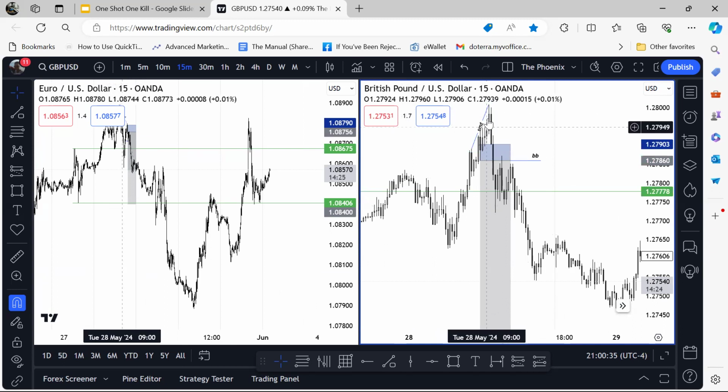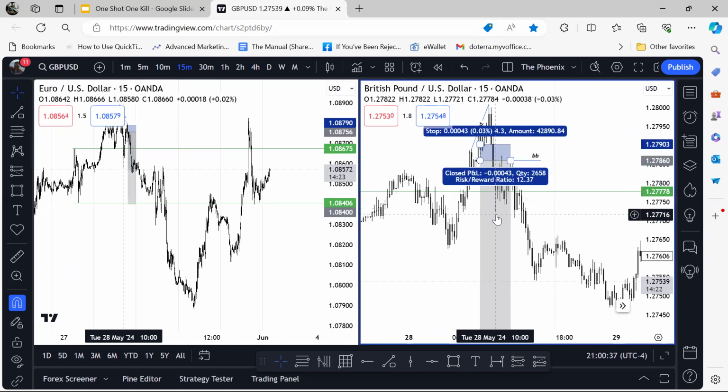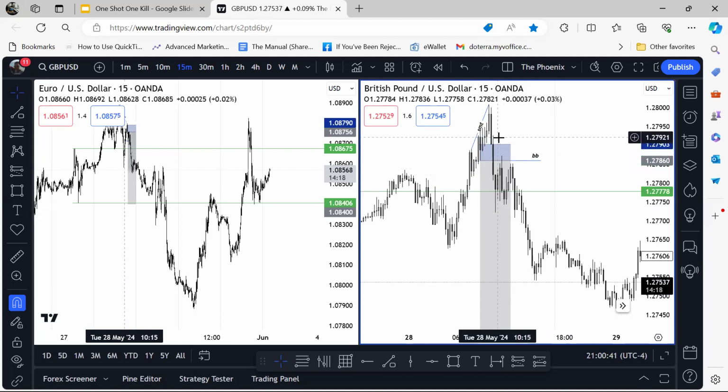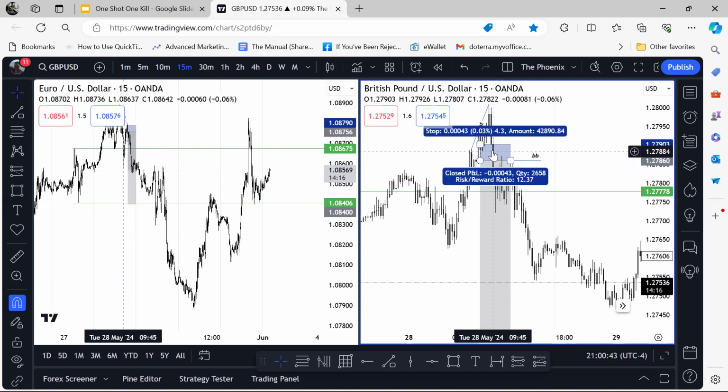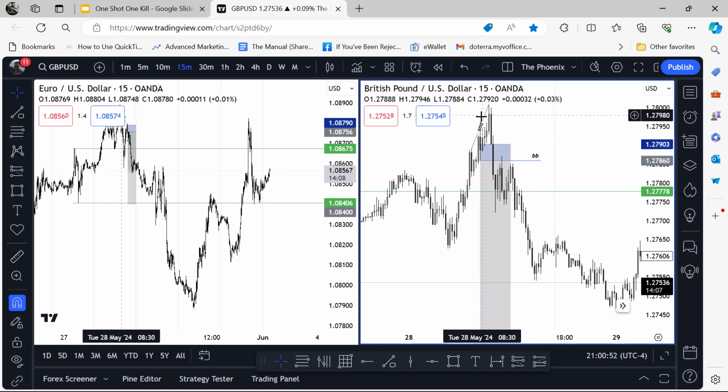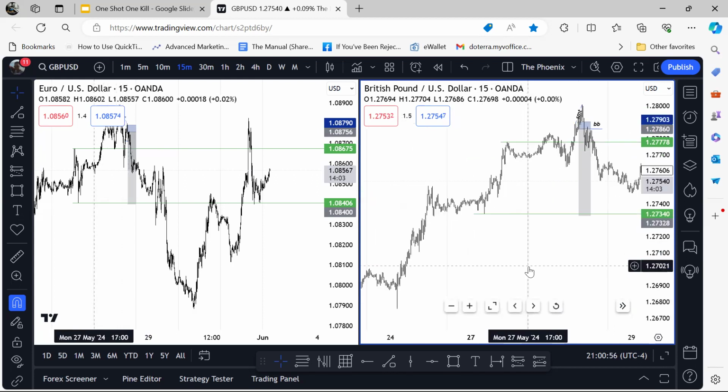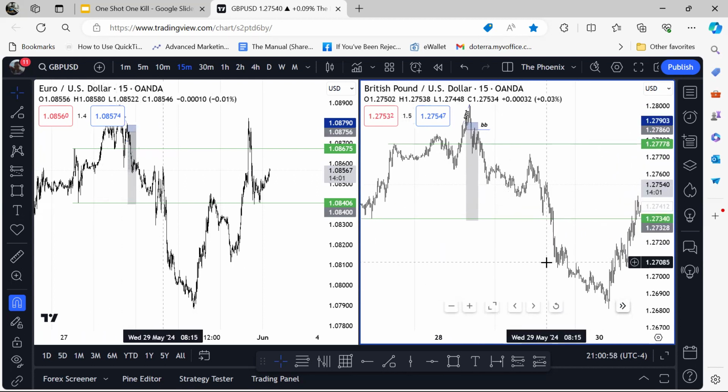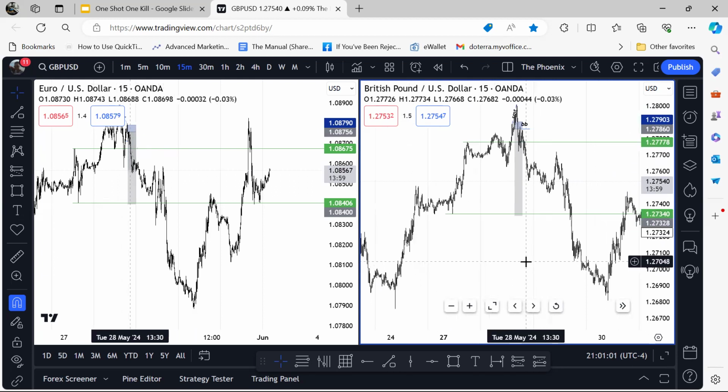You had that SMT, you had a nice change in the state of delivery, you had this beautiful fair value gap, and we had this nice breaker block here, which we expect to hold once price goes back to it because of the SMT happening already. And similar outcome, price met the target and exceeded the target.